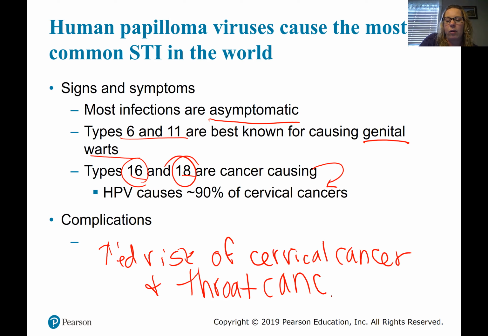They believe now, since there has been a dramatic reduction in men that chew tobacco, that I read or heard not too long ago that the most common cause of throat cancer now is HPV and not tobacco. And so if there's oral sex that occurs with someone that has HPV, that person could develop throat cancer later on.